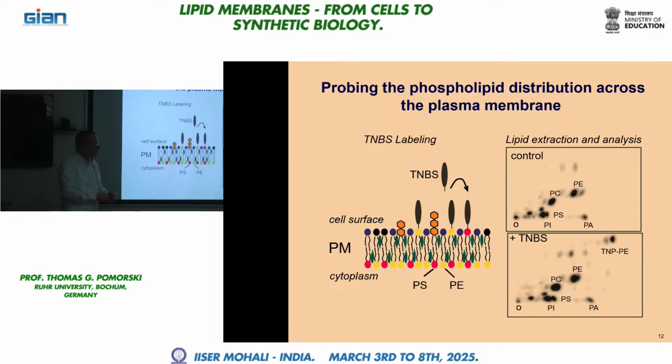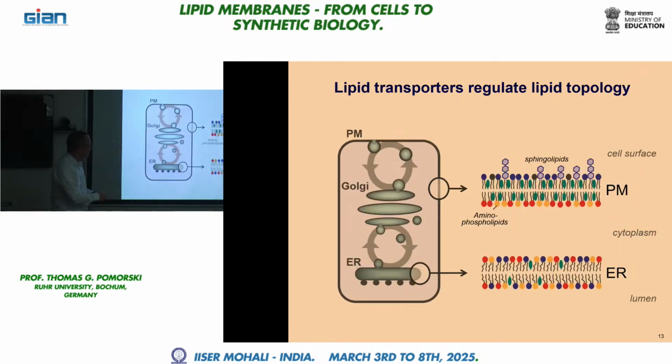The amount of this relative to the total amount of the unmodified lipid gives you an estimate of how much was exposed to the outside versus how much was protected on the inside. And when you do this analysis, you find that the aminophospholipids, phosphatidylserine and phosphatidylethanolamine, are localized on the inner leaflet and not on the outer leaflet under normal conditions.